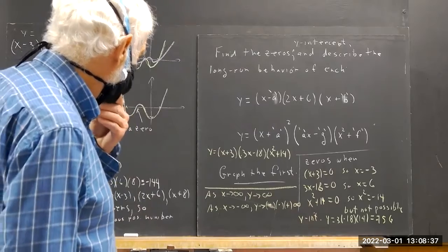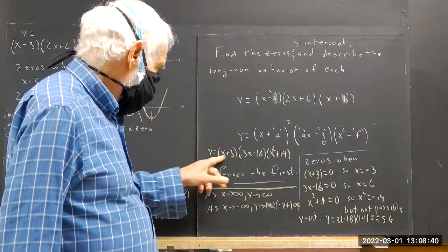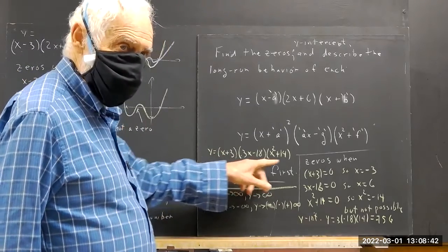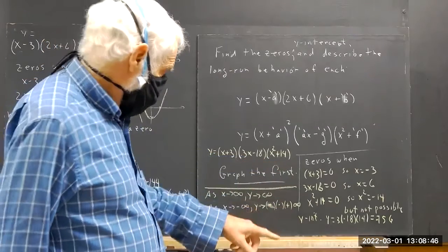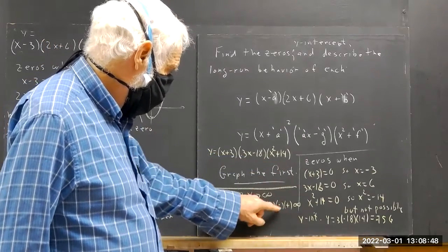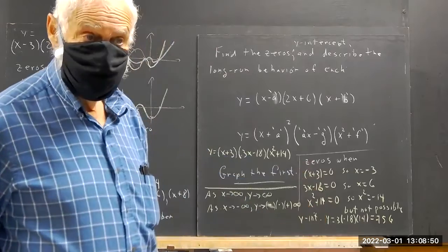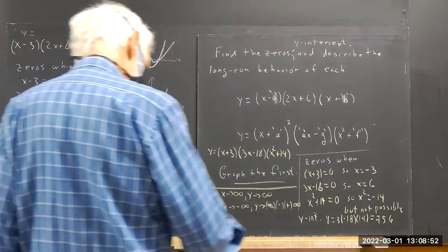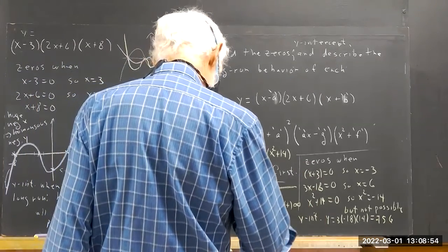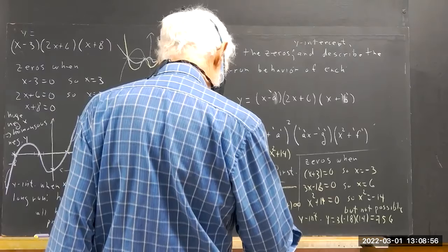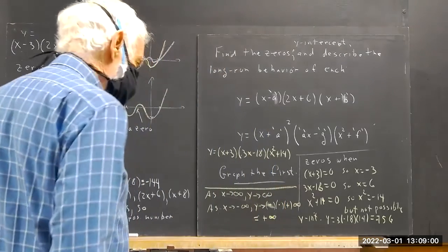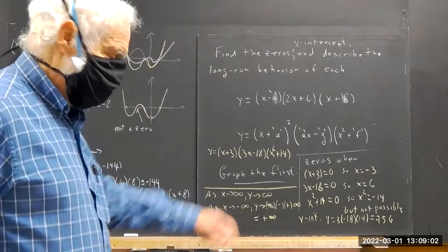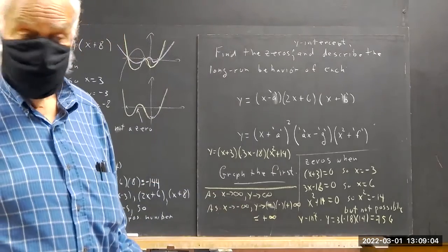So I'll write it this way. This approaches negative infinity, this approaches negative infinity, this approaches positive infinity, right? So the product approaches negative times negative times positive infinity. So this all has to be positive infinity.